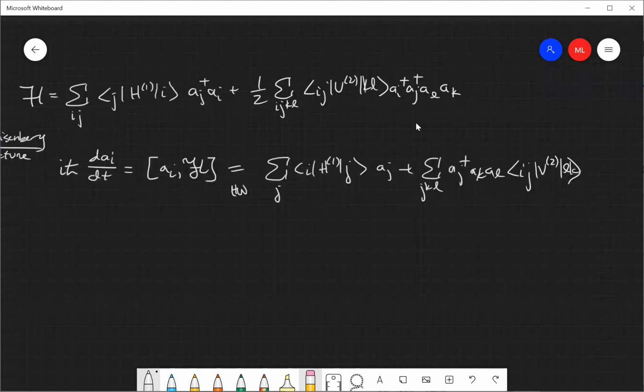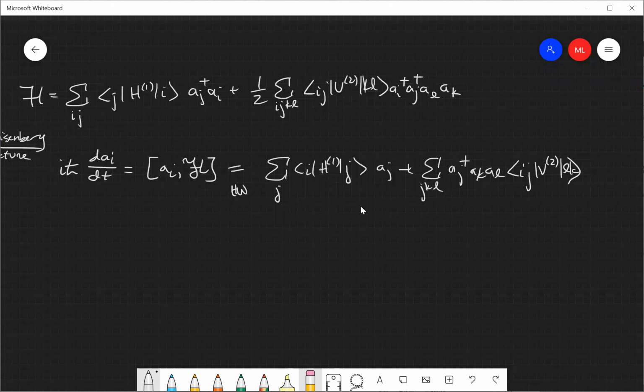It's LK, but here I put KL. But it's the same. Anyway, you can derive this. You'll do that on the homework. So this is your equation of motion. And of course, again, there's nothing special about the basis that we use for the annihilation operator.